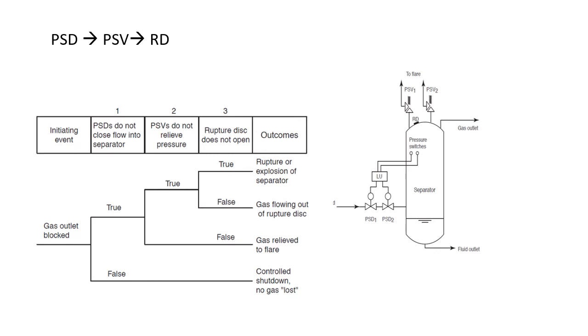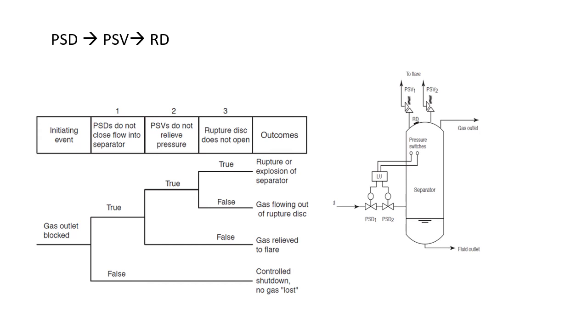So this is a situation where the shutdown occurs, but you cannot say that this is a very safe shutdown, right? This is a fairly dangerous situation. But still your pressure vessel is safe. There is no explosion or rupture of the vessel, right?